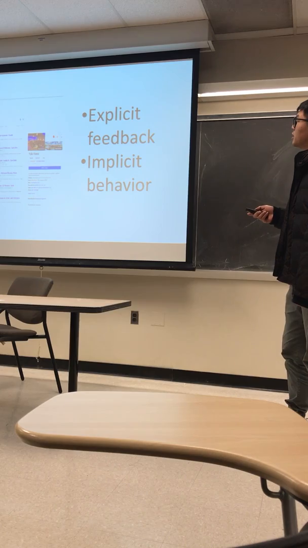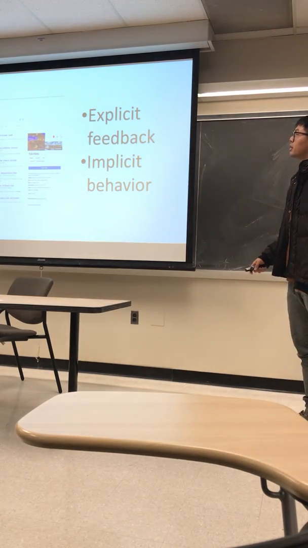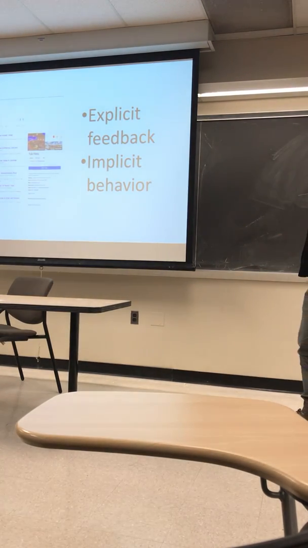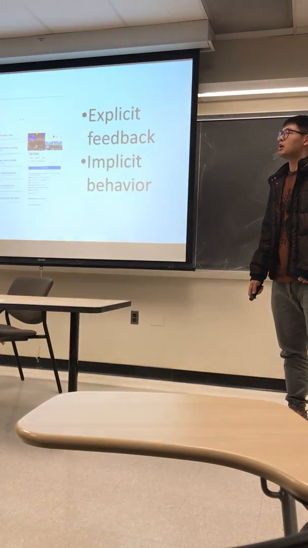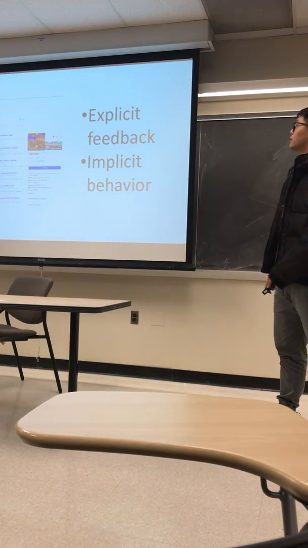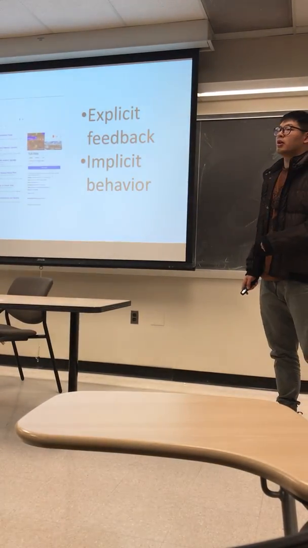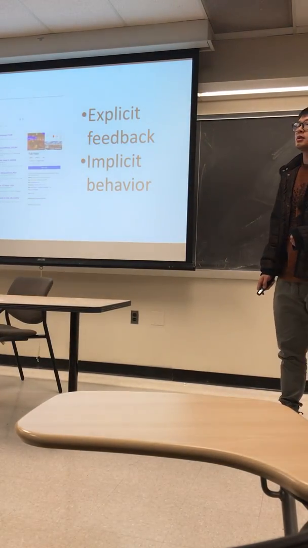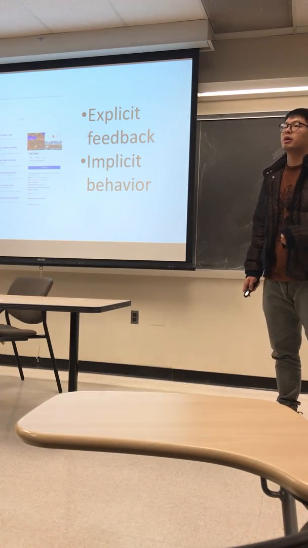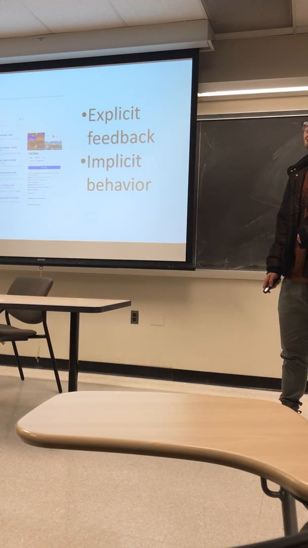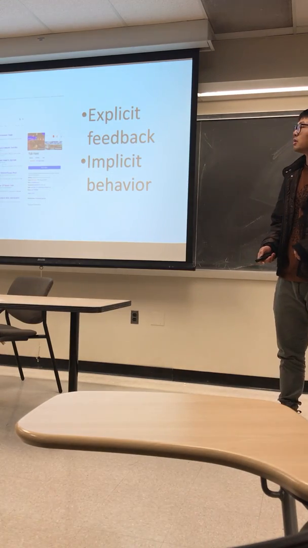There are basically two ways. The first one is expressive feedback. They ask users to give expressive feedback. For example, if you take an online course, you may be asked to give a rating, maybe scaled from 1 to 5 stars.